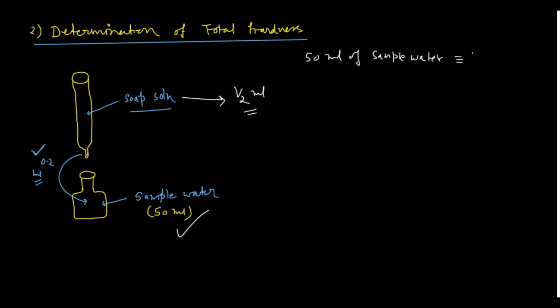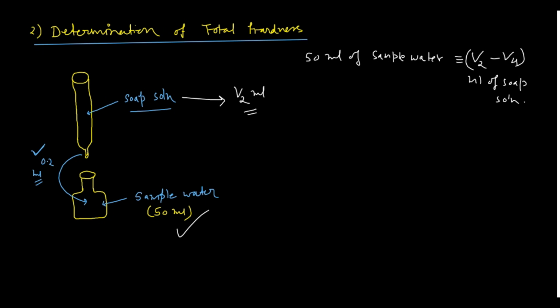This V2 ml. Okay, and I already told you from this V2 ml I always need to subtract the value of the lather factor, which is very, very important, and this much ml of soap solution. Again I'll apply the unitary method, right?